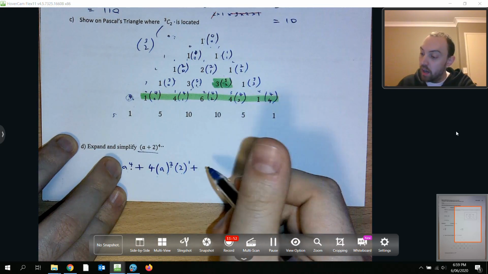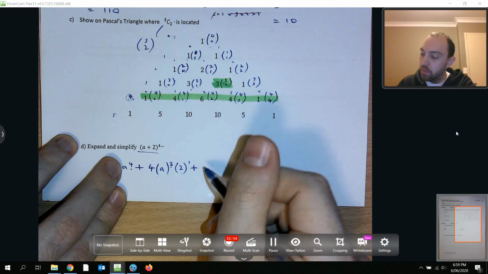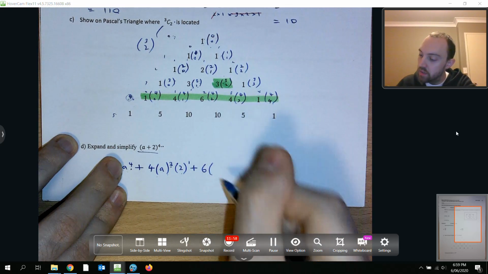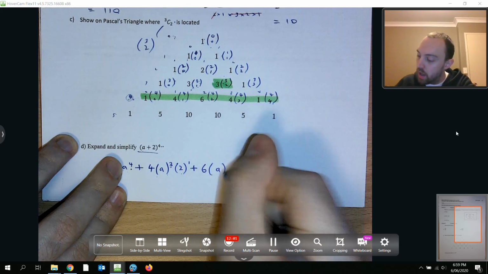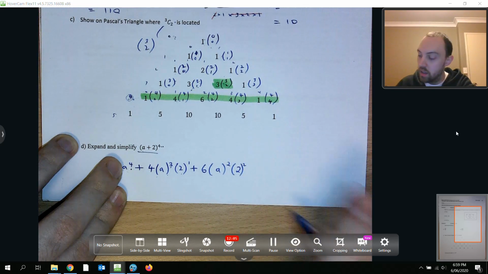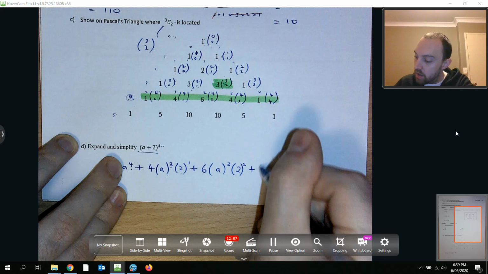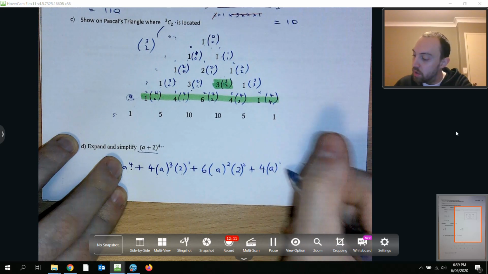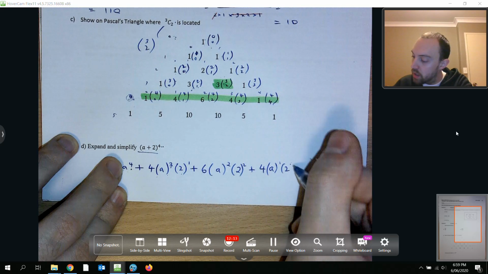I'll have to try it a couple times to see what I'm talking about. But now I'll stick to this example. a squared, 2 squared, like that. Add 4 a to the power of 3, 2 to the power of 1.